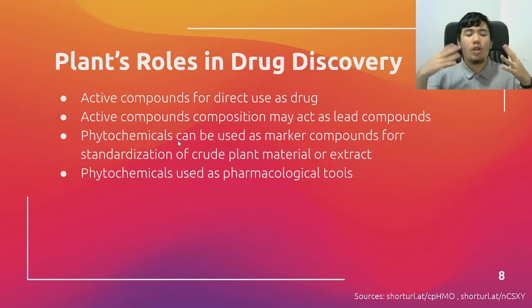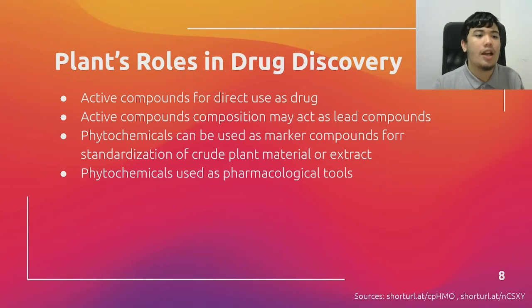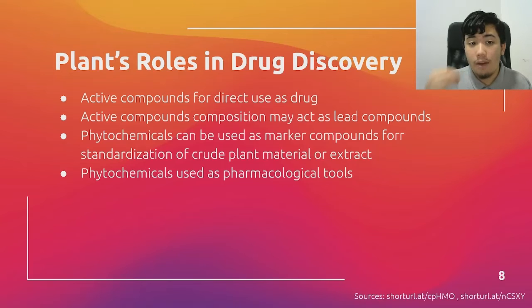First off, what are the plants' roles in drug discovery? First, the plants can be the main subject, as in the active compound from the plant can be directly used as a drug. Second, active compositions may act as a lead compound.